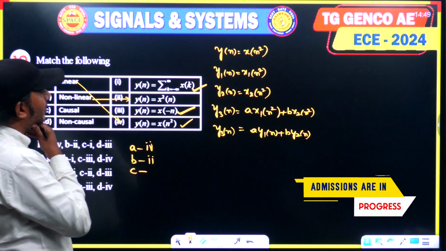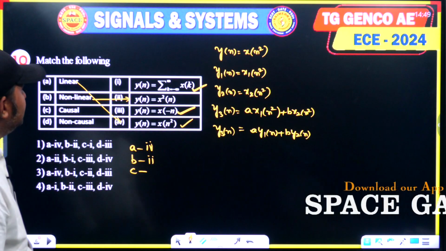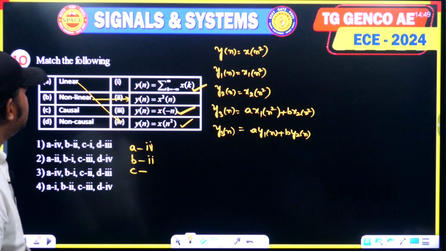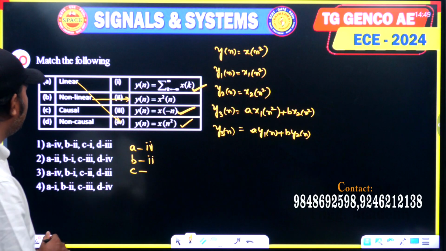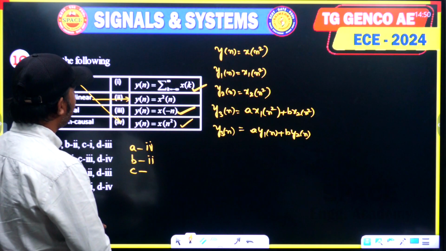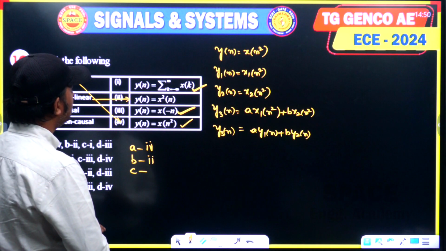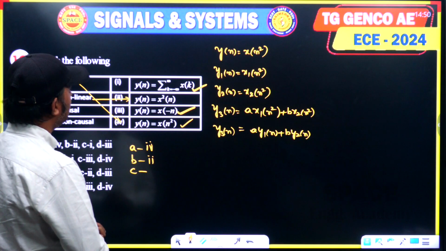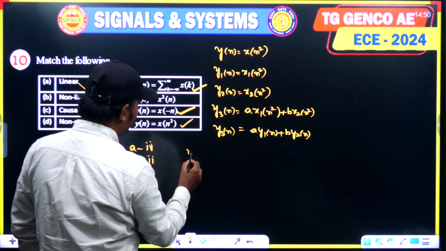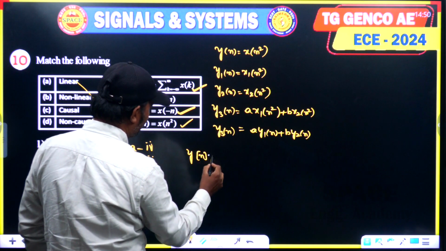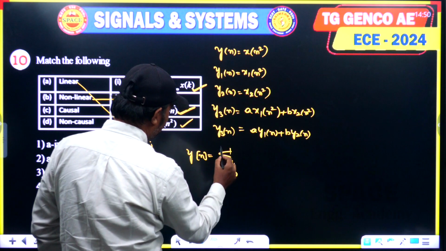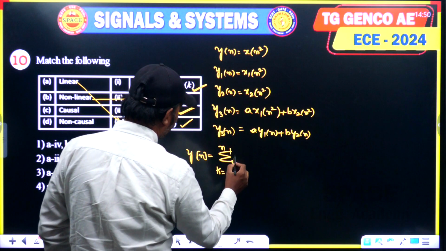Basically, for this input output relationship, the first one must be given like this: minus infinity to n of x of k.